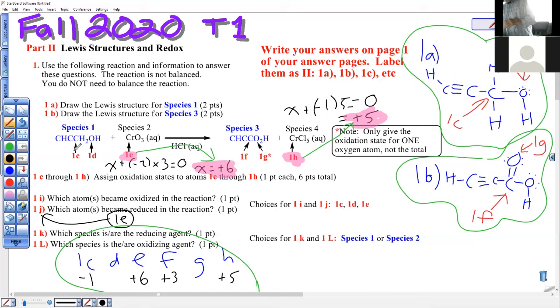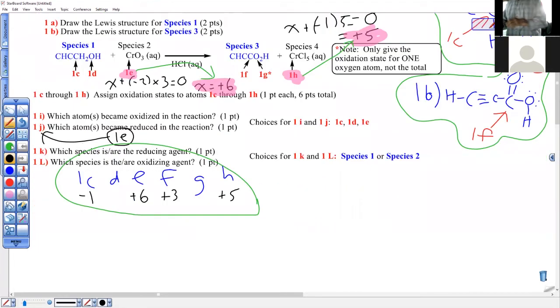We already established that this was a reduction. Let's put it in a different color. And atom 1C became 1F. And that's a reduction. Sorry, oxidation. What am I saying? It went up. Oxidation. The symbols are supposed to be in square brackets.